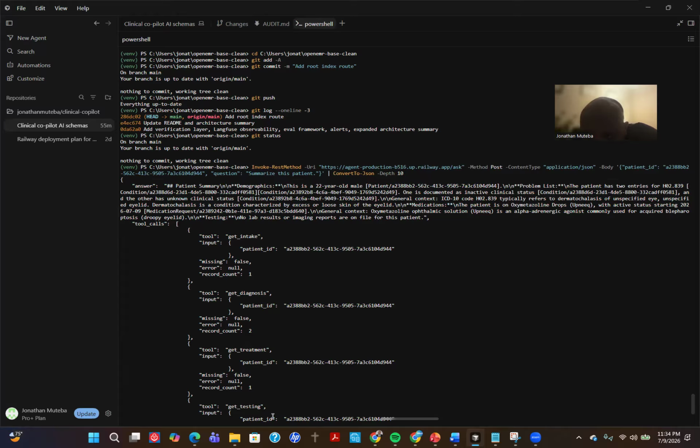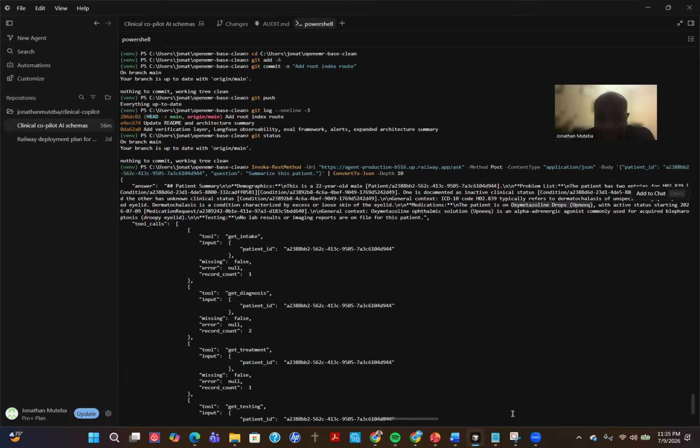It typically refers to dermatochalasis of an unspecified eyelid, a condition of excess or loose skin of the eyelid. And it has the medication right here, which matches what we had in the information in Open EMR.